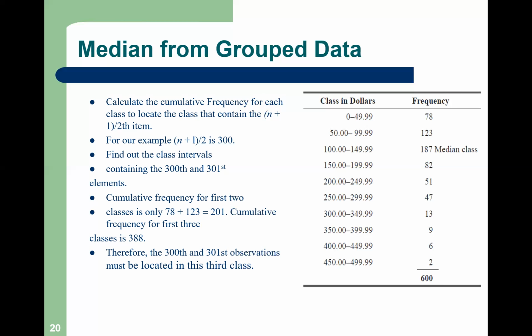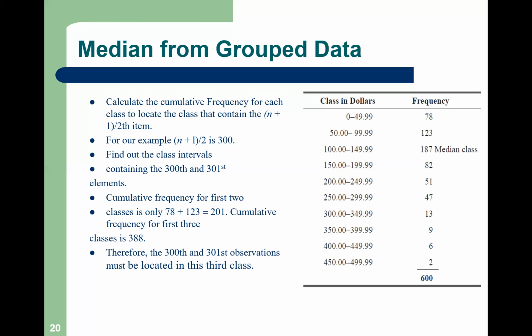Now we have to find which class actually has this 300th value. This 300 doesn't show us that value; actually it shows the position of that value. So in total 600 values, the value on the 300th position is the median value.